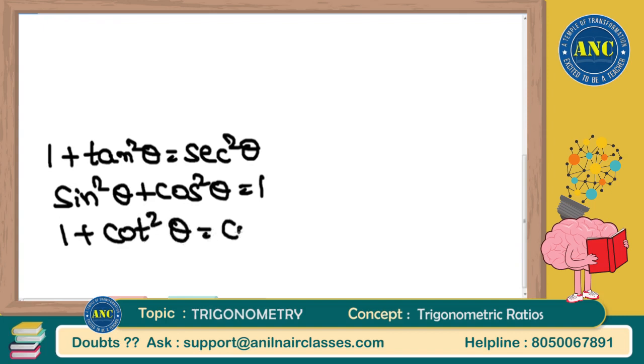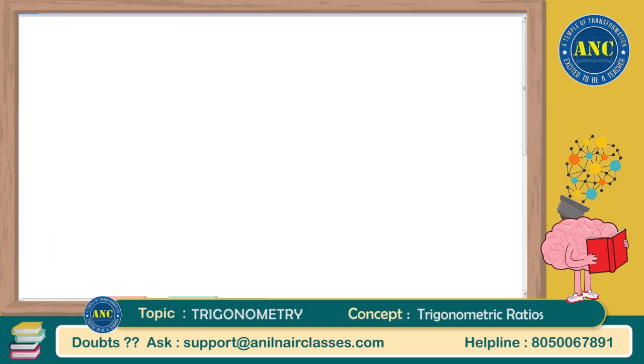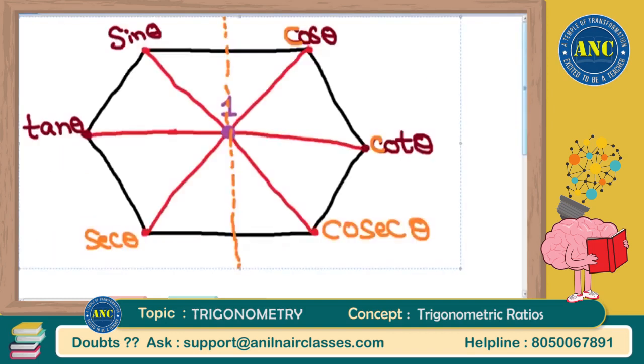Sir, please do not learn all these things by heart. No need to remember, sir. I don't want my students to remember all these values. Rather, easily use our logic of the super hexagon, which will help you remember or derive all those things in a much easier format.